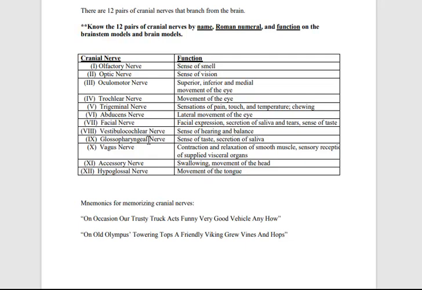Now, we just said that number 7 secretes saliva, and now we're saying that number 9 also does. So be aware that you have more than one in charge of saliva and the sense of taste. So pay attention right there to those 2.